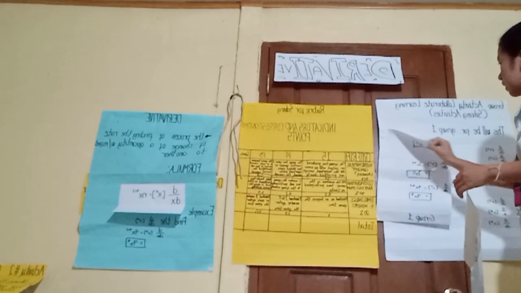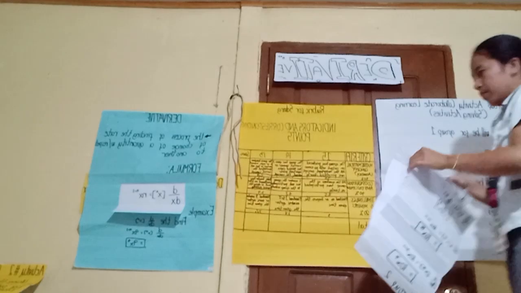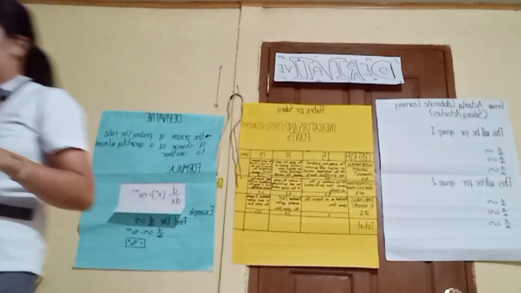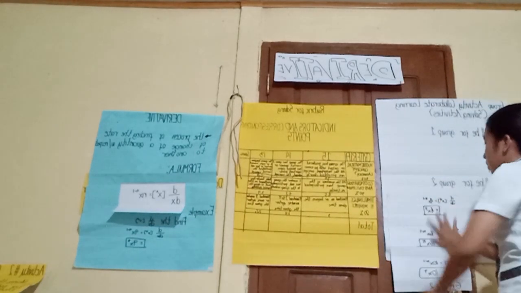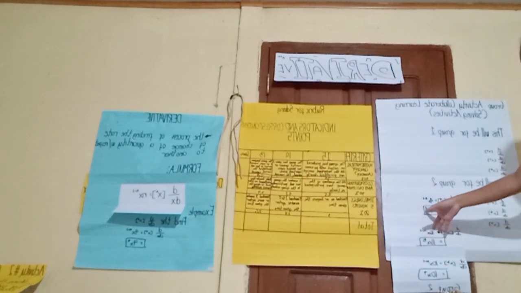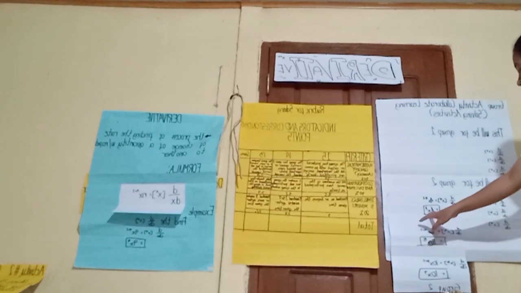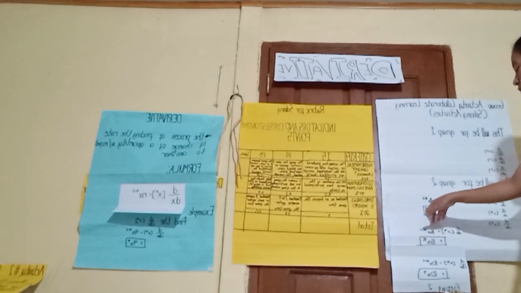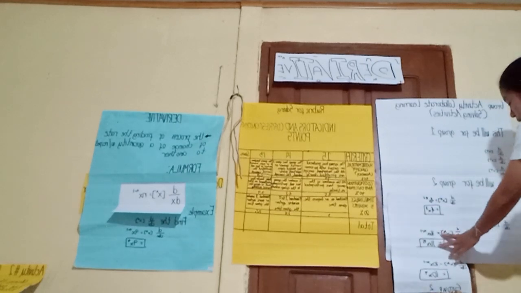Next is group 2. The answers of group 2 are all correct. The answer to the first problem is 4x cubed.